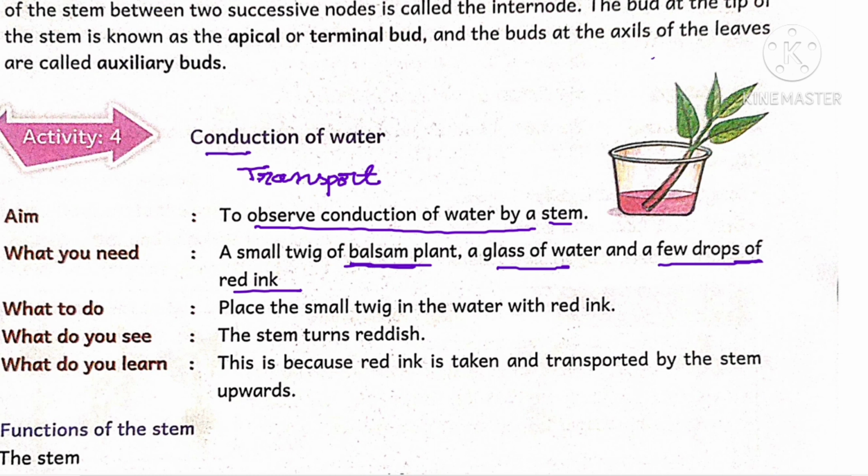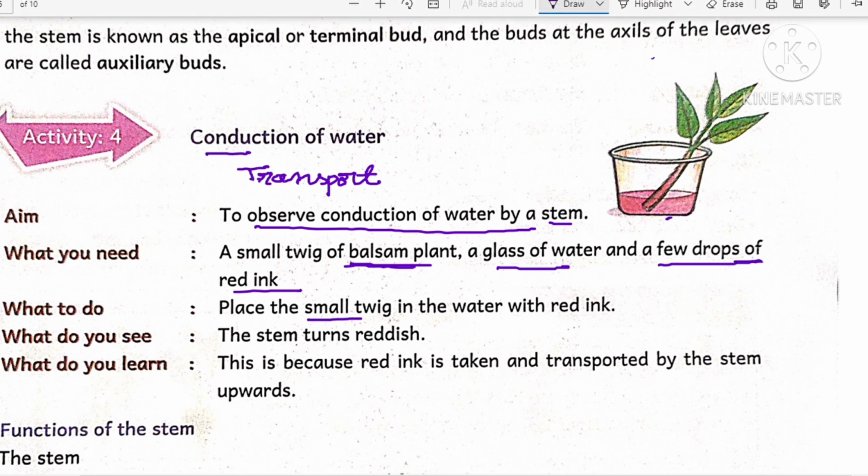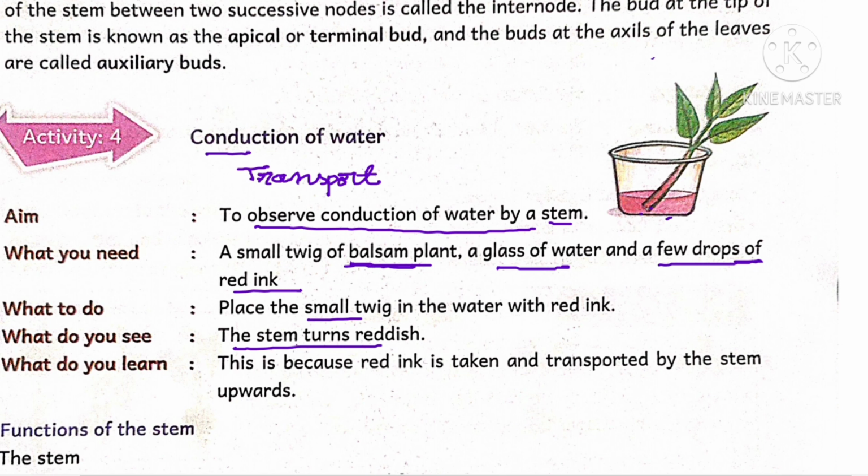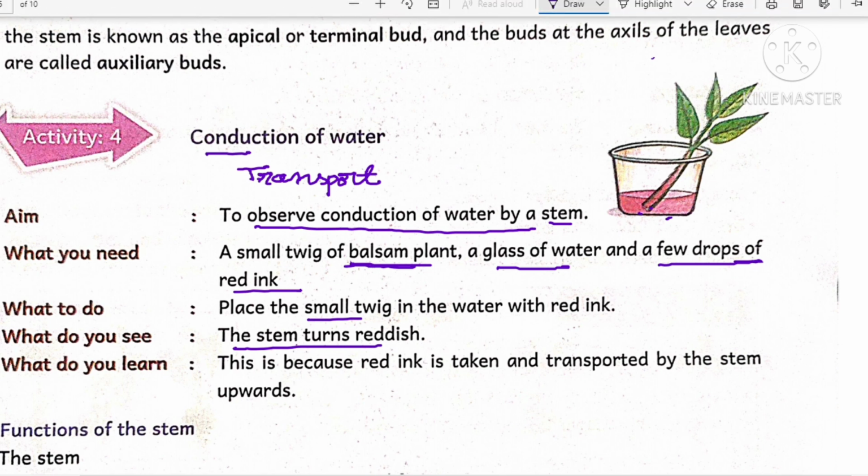So what to do? Place the small twig in the water that contains red ink. What do you observe? After some time, the stem turns a reddish color because the water is absorbed and enters into the stem.